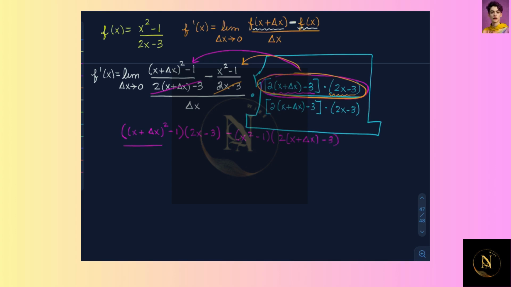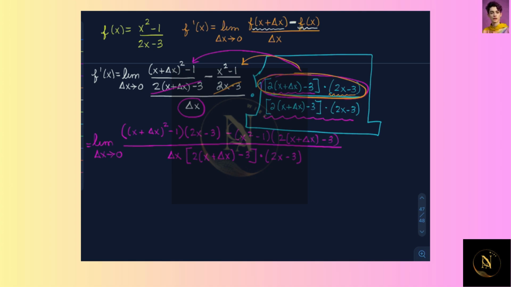And in the denominator, I will have the delta x, which was down in the denominator to begin with, and both of those factors. Now don't forget, we do need that limit as delta x is approaching 0 in the front. That is very critical to be carried through step after step.